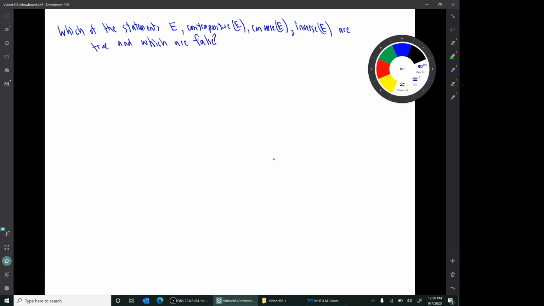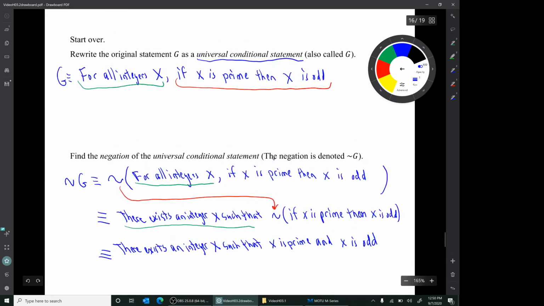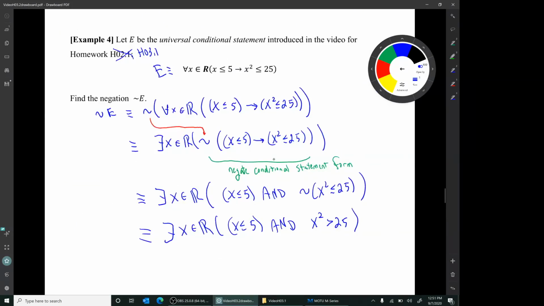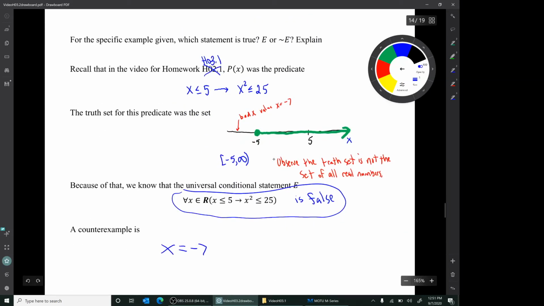Well, let's go back up and review our discussion. Remember that E was this universally quantified statement, and we found in example 4 that E was false, because of a counterexample, x equals -7. So we know that E is false.